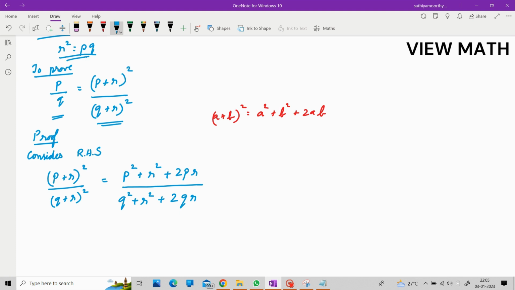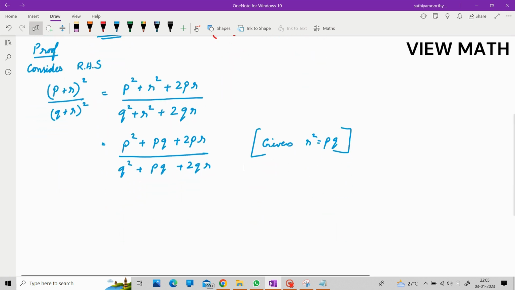I am going to substitute pq instead of r square. P square plus r square, they have given as pq, plus 2pr divided by, again I am going to substitute r square as pq, q square plus pq plus 2qr, given r square is equal to pq.